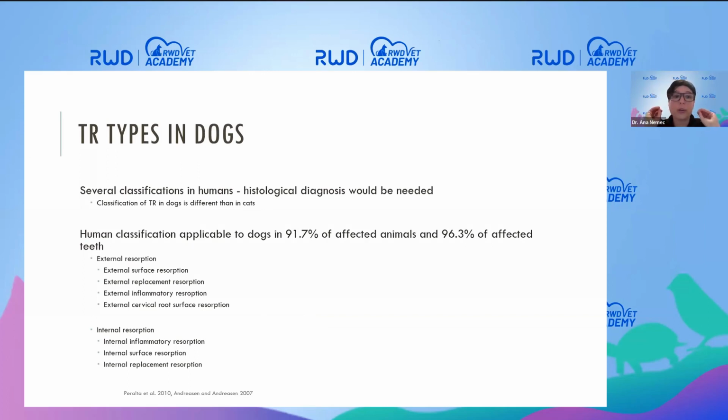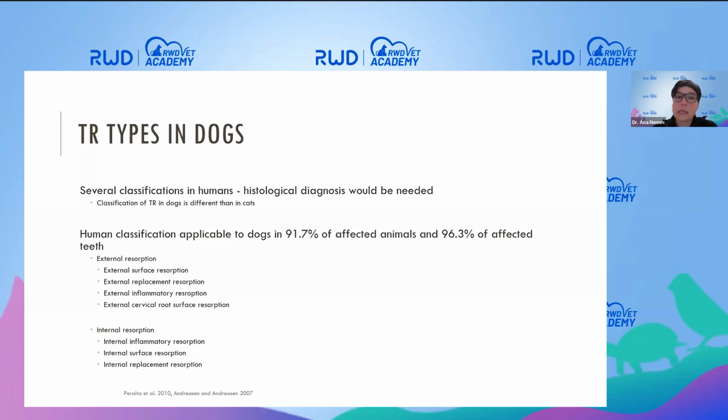In dogs we talk about external and internal resorption, and then external and internal are further subclassified depending on the mostly radiographic appearance of the lesion, especially its appearance and also location on the root.